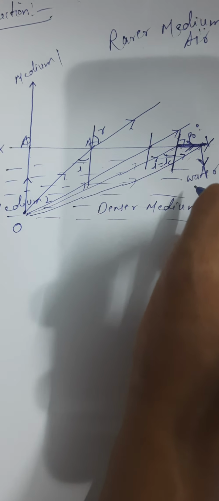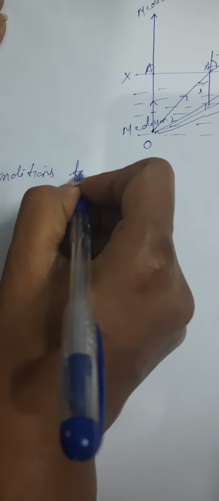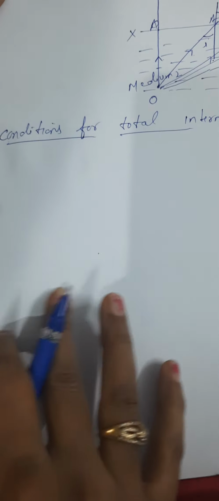Now we take the conditions for total internal reflection. What is the first condition?